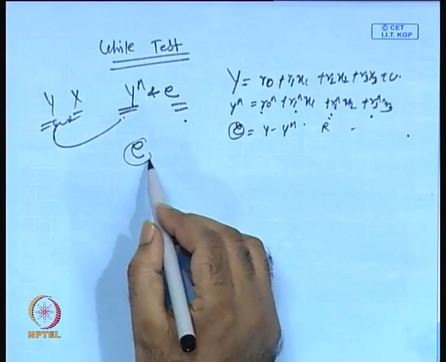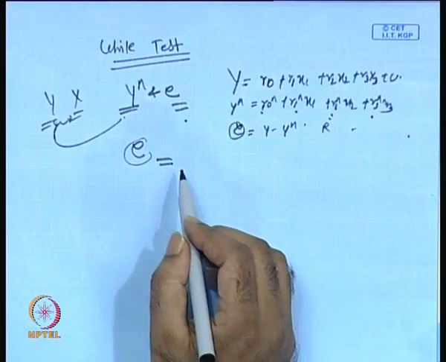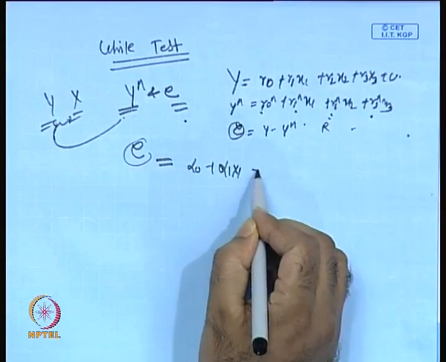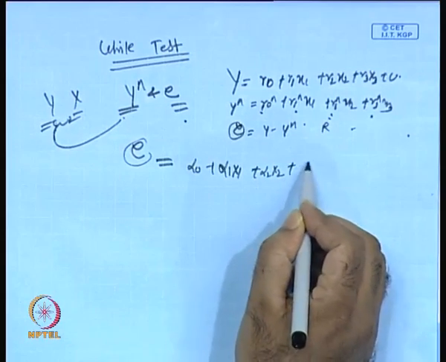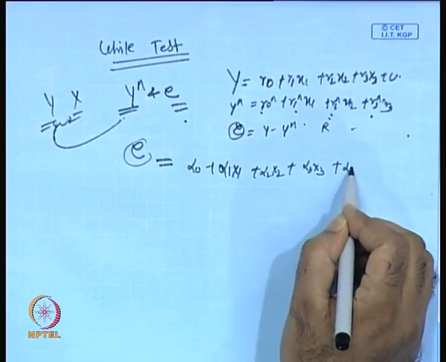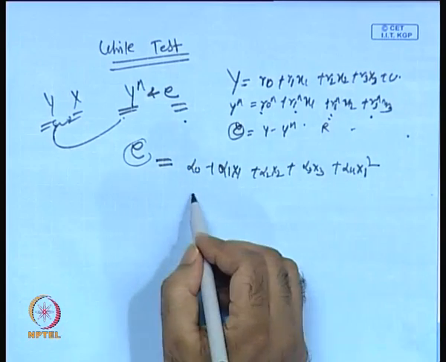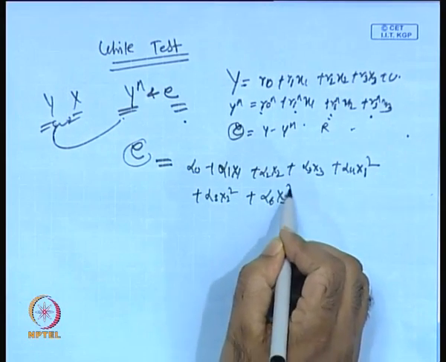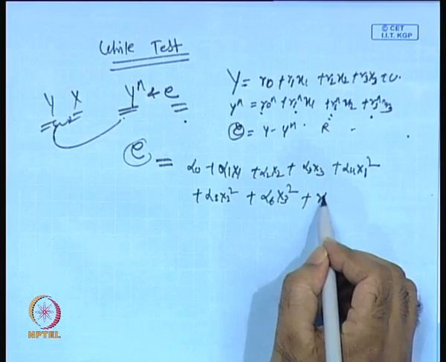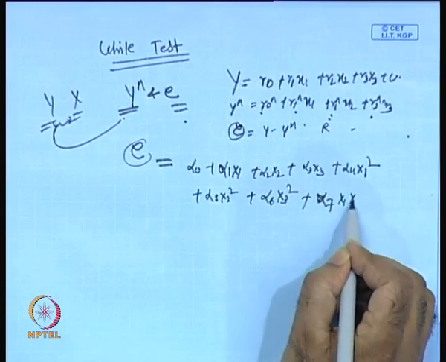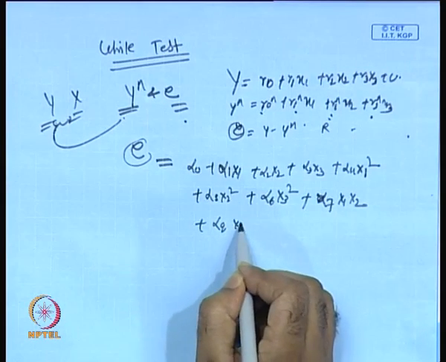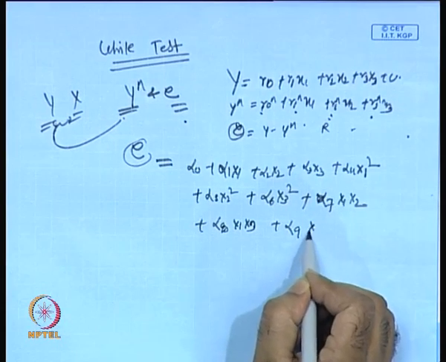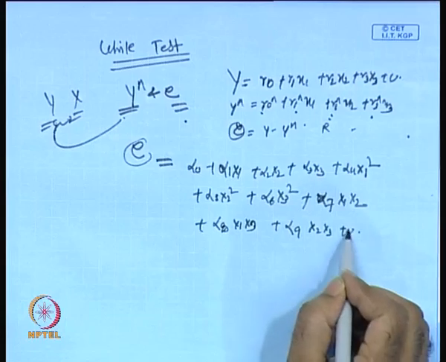To go for the heteroscedasticity check, you fit another model, say e equal to alpha 0 plus alpha 1 x1 plus alpha 2 x2 plus alpha 3 x3 plus alpha 4 x1 squared plus alpha 5 x2 squared plus alpha 6 x3 squared plus alpha 7 x1 x2 plus alpha 8 x1 x3 plus alpha 9 x2 x3 plus u, where u is another error term.